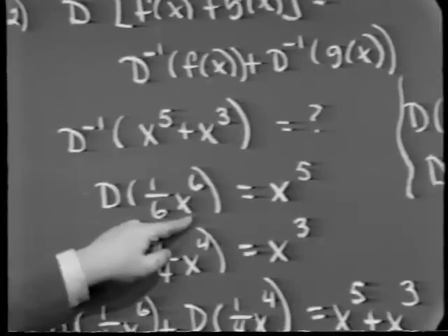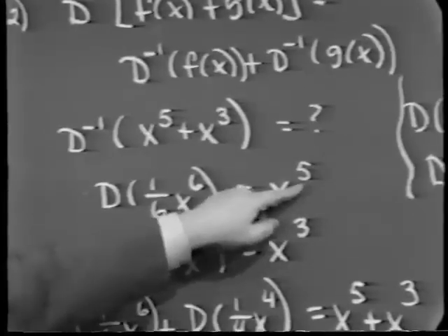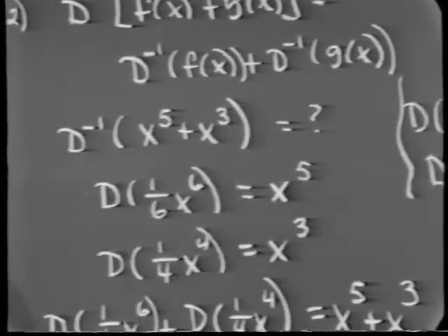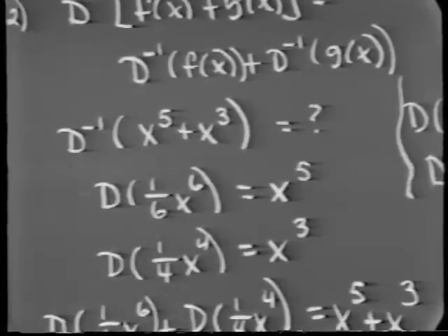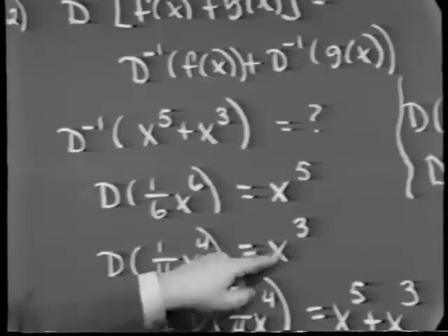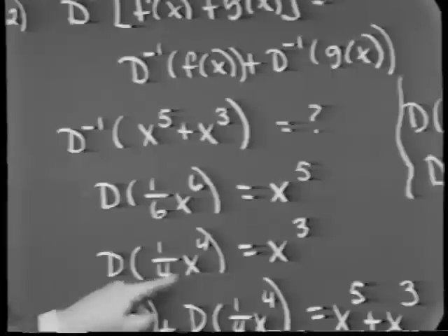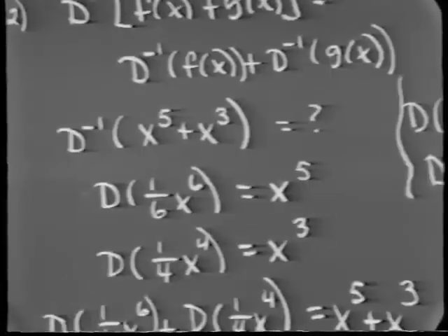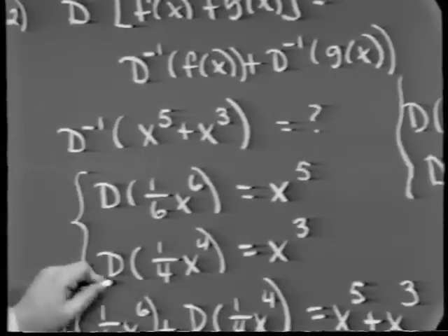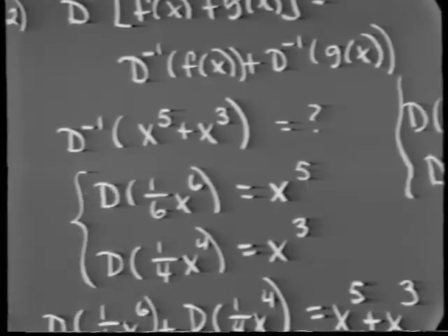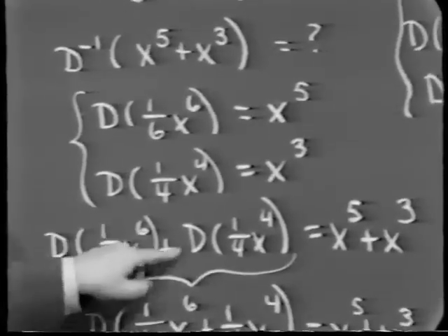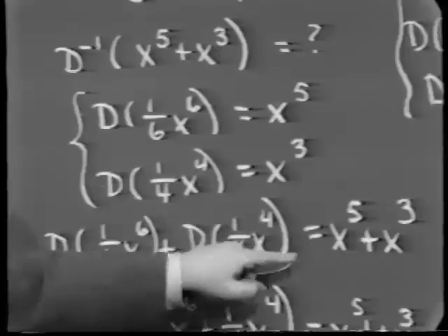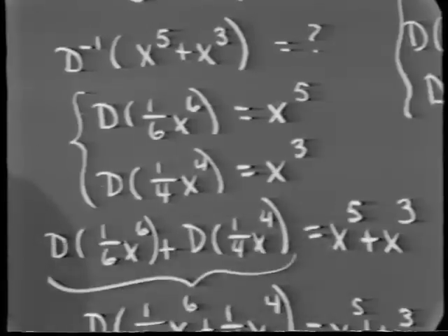Now what I'm saying is this. By my previous result, I certainly know how to find the function whose derivative is x to the 5th, namely 1/6 x to the 6th. I also know how to find the function whose derivative is x cubed, namely 1/4 x to the 4th. Putting these two steps together and saying equals added to equals are equal, I can conclude that d of 1/6 x to the 6th plus d of 1/4 x to the 4th is x to the 5th plus x cubed.